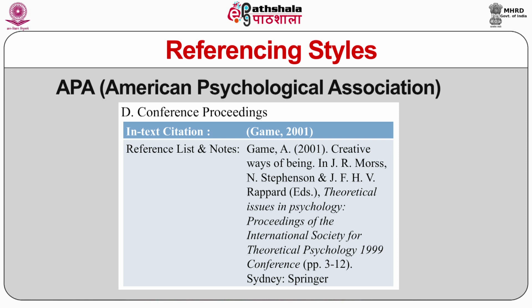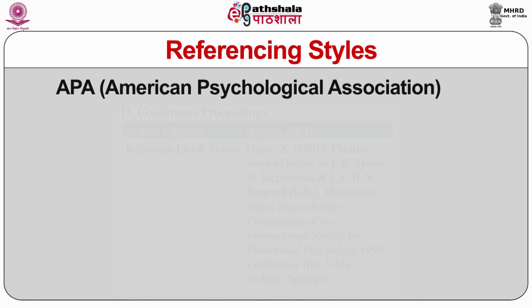These are the authors of the conference proceeding, the editions, Theoretical Issues in Psychology: Proceedings of the International Society for Theoretical Psychology 1999 Conference, the title of the conference, and the page numbers where it has been published, followed by the place and the publisher, that is Sydney and Springer.